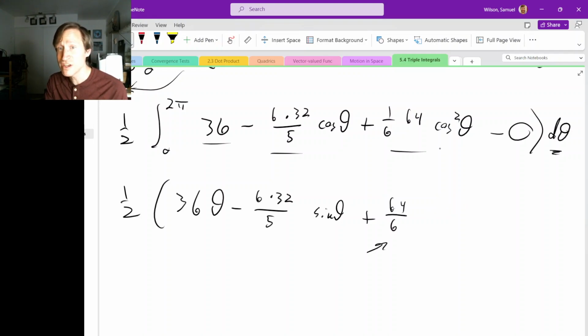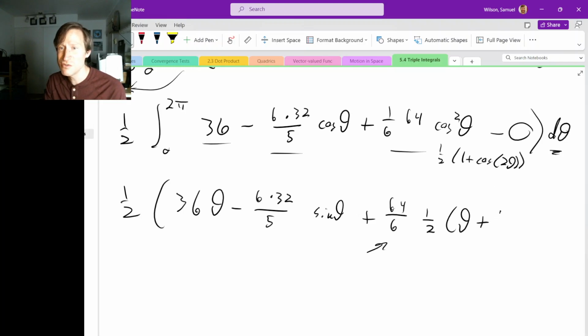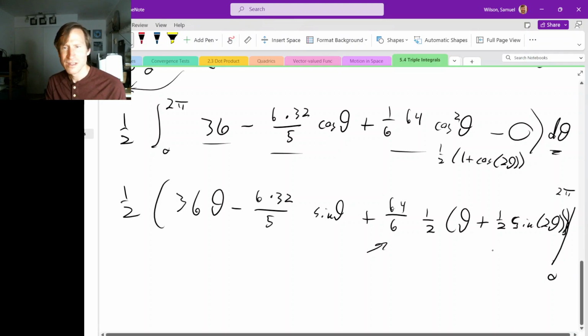So integral of cosine squared, remember cosine squared is 1/2 (1 plus cosine 2 theta). So we get that factor of 1/2, and then the integral of 1 is theta, and the integral of cosine 2 theta is 1/2 sine 2 theta. And so now we need to evaluate this from 0 to 2 pi. Okay. So I'll let you do the final evaluation and clean up the value of all the integrals if you want to.